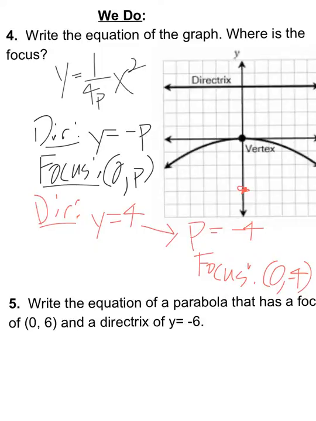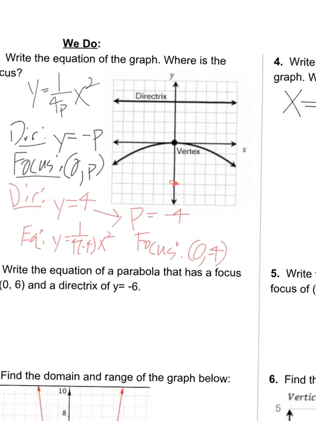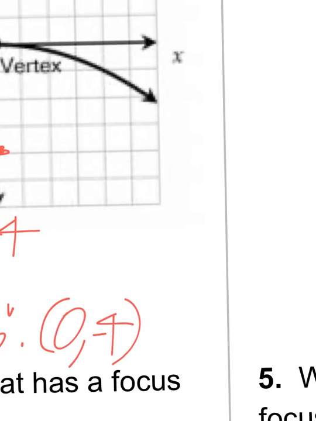So my equation is just y equals 1 over 4 times p, which is negative 4, x squared. And so I'm out of room. Where can I write it? I'll write it right here in this little corner.